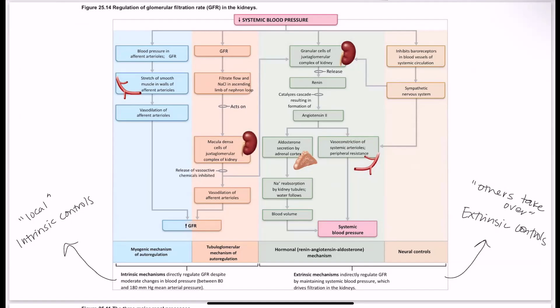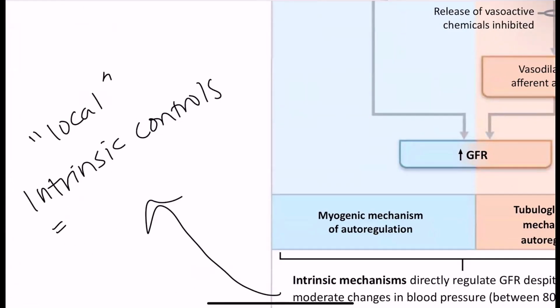The intrinsic controls and extrinsic controls have different priorities. Intrinsic controls mean that we really just want to maintain GFR. The goal of intrinsic controls is to keep GFR constant. We want to produce filtrate, produce urine, all the things. We don't necessarily care about what the blood pressure is of the body. We just want the GFR to stay pretty much the same.